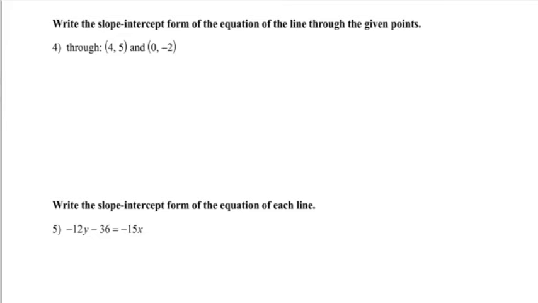Number 4 is giving us 2 separate points, and we need to determine our line equation, which is y is equal to mx plus b, and we need to find m and b, but neither one is given to us.